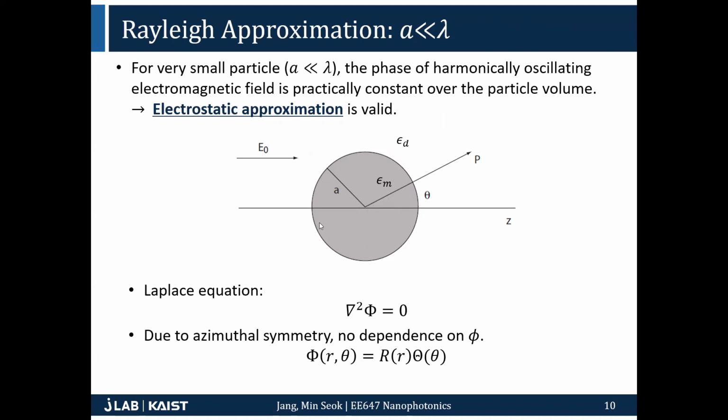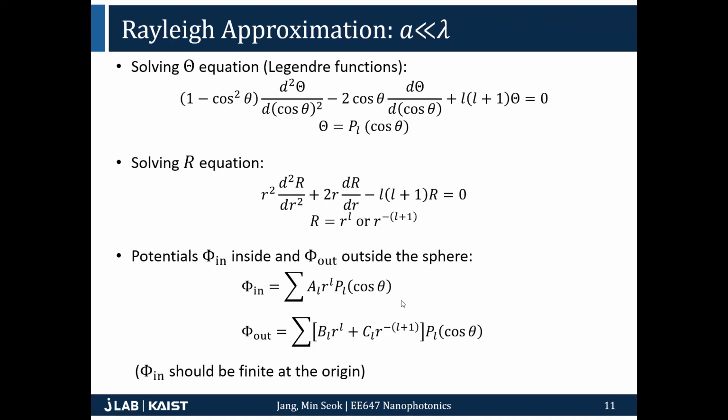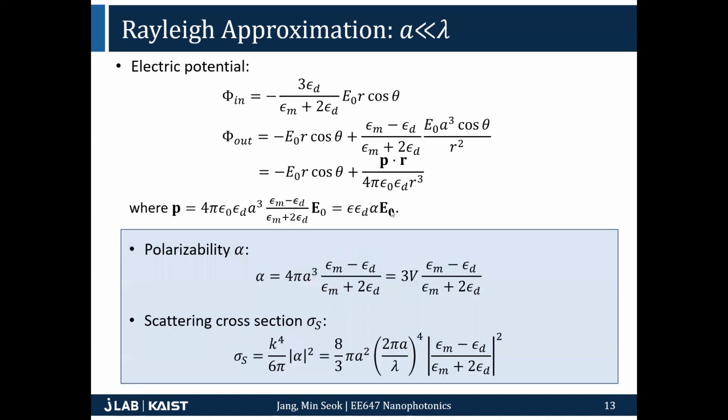We can just use a simple Laplace equation, and the solution of this equation is very easy. You have R and theta equations, and even though you express things in a series of Legendre functions, if you apply the boundary conditions, you realize that you only have a very small number of terms.